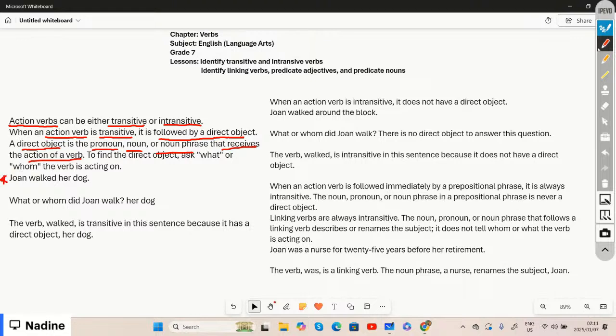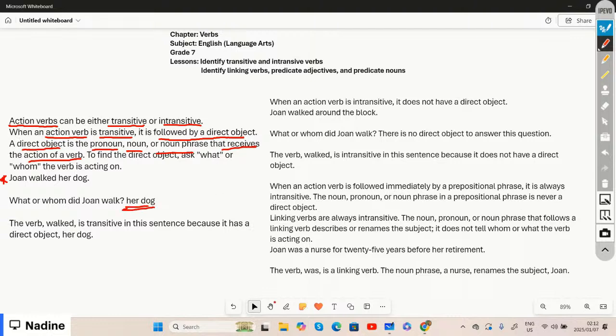So, Joan walked her dog. To identify the transitive verb, we need to ask ourselves, what did Joan walk or whom did Joan walk? Then we can say that Joan walked her dog.